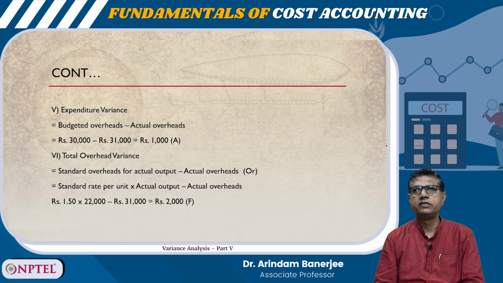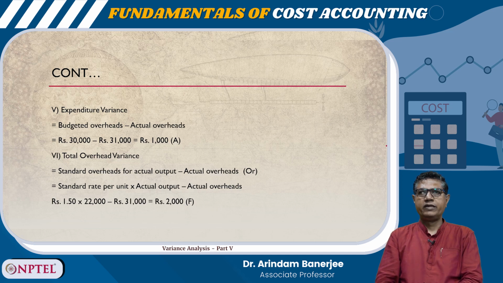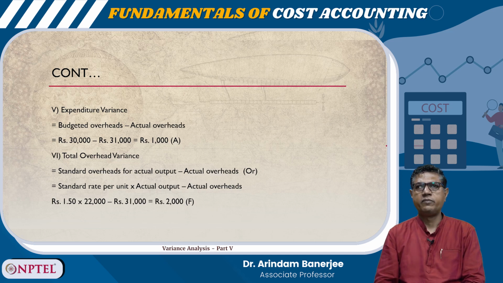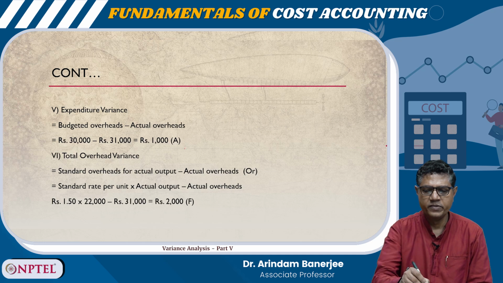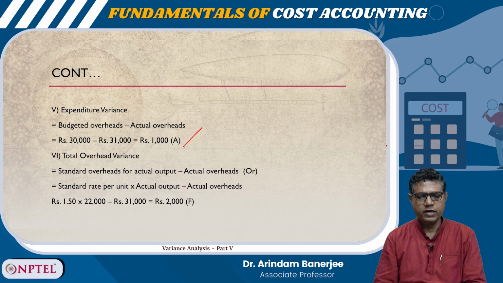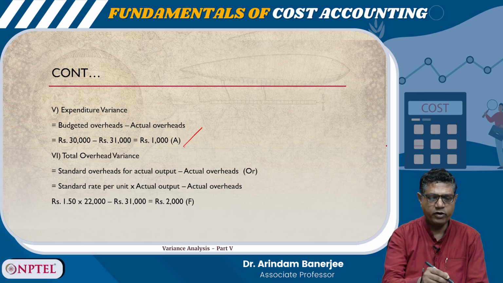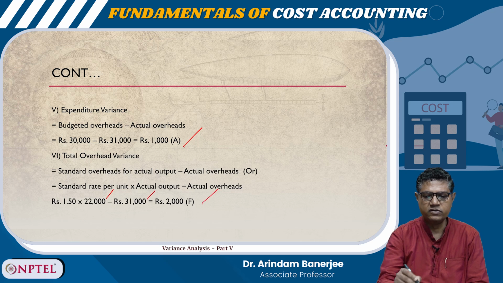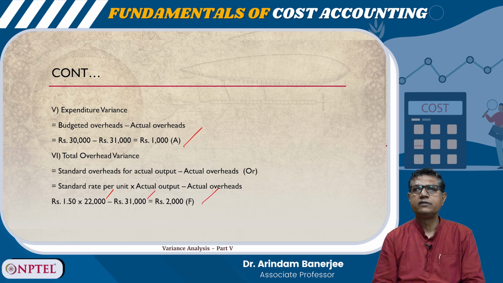Expenditure variance, budgeted overheads minus actual overheads, rupees 30,000 minus rupees 31,000. So, rupees 1,000 adverse. Total overhead variance, standard overheads for actual output minus actual overheads, or standard rate per unit into actual output minus actual overheads. So, 1.5 into 22,000 minus 31,000 is equal to 2,000 favorable.